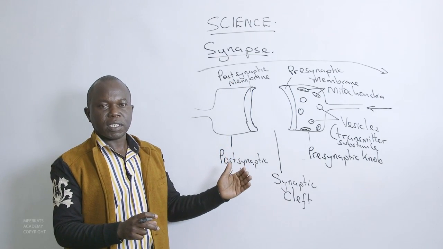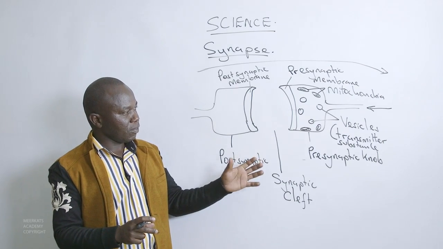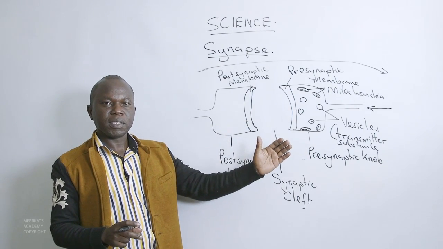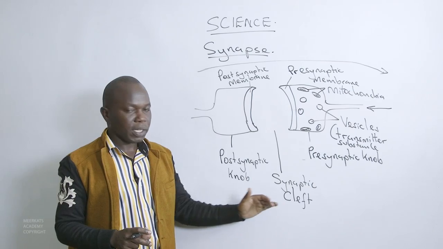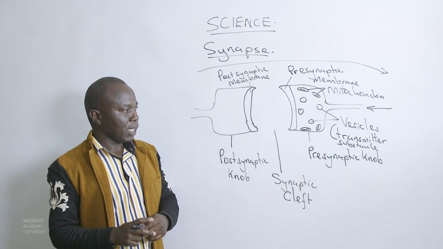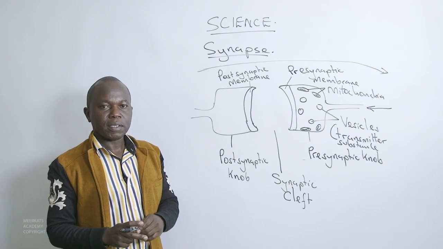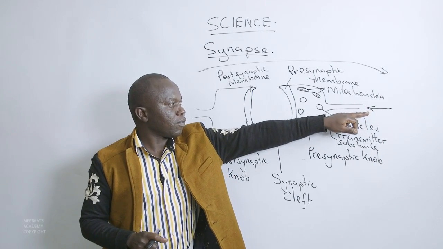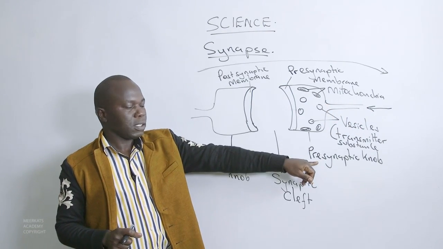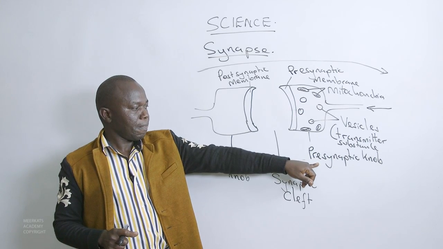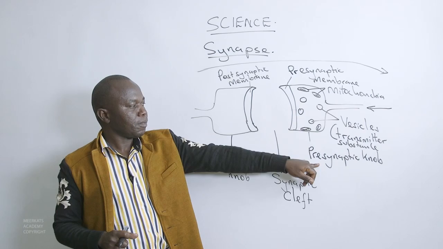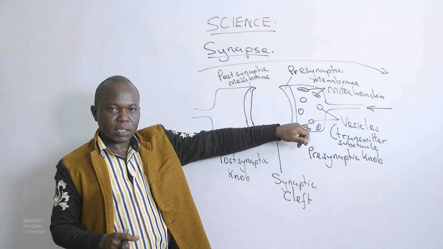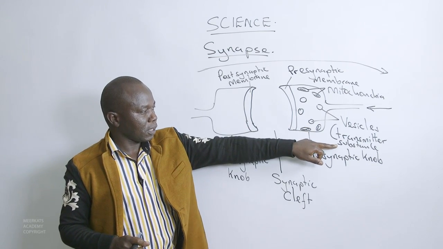Now, having known the structure of the synapse, it becomes very easy for us to understand the mechanism by which an impulse will be transmitted across this synaptic cleft or across the synapse. So what will happen is this. Once we have a nerve impulse flowing from this direction, it will reach the synaptic knob. When it reaches the synaptic knob, it will stimulate the vesicles to release transmitter substance.